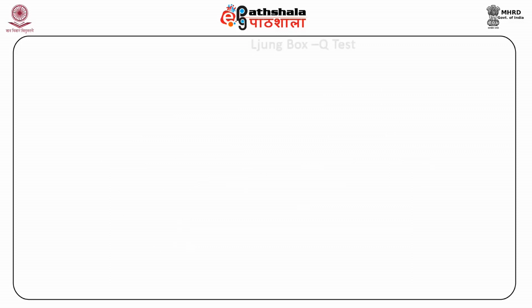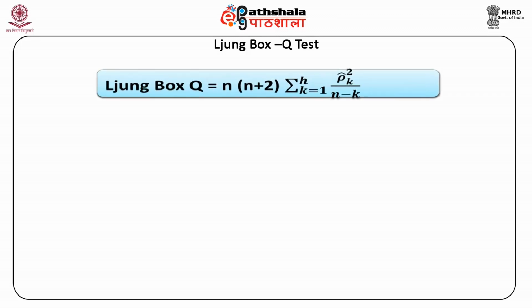The other test is Ljung-Box Q test. The Q statistic in Box-Pierce test has been modified so that it performs well in small samples. It is known as Ljung-Box Q statistic. The Ljung-Box Q statistic is equal to n into n plus 2 summation over k into rho k hat square upon n minus k.